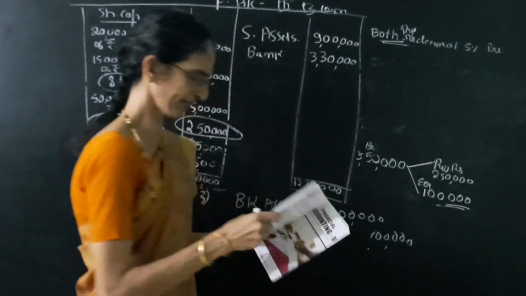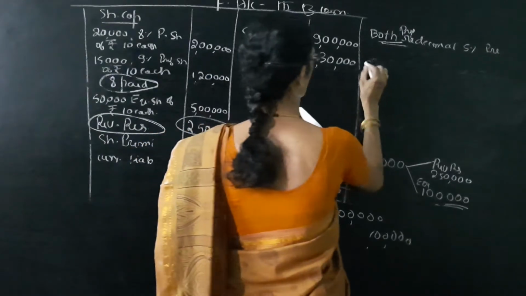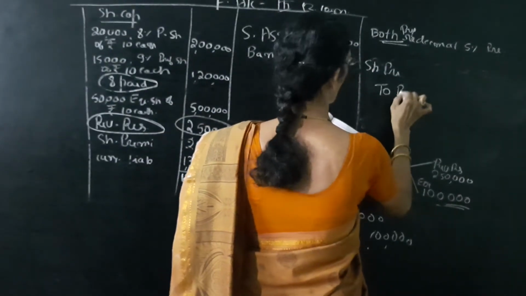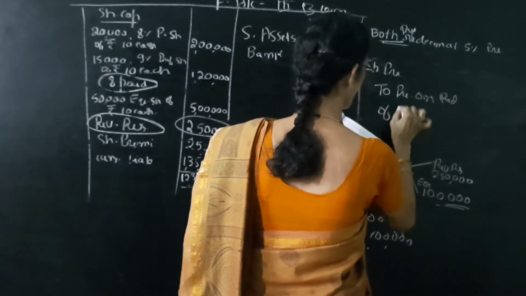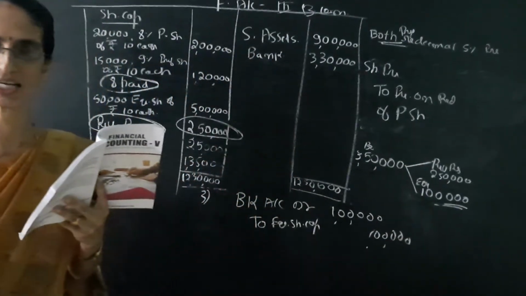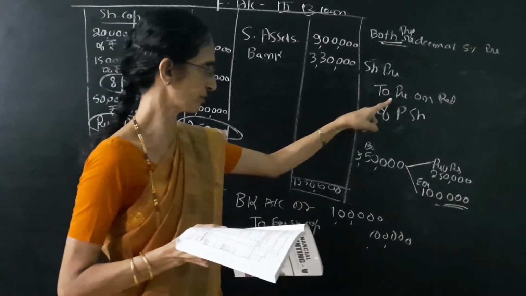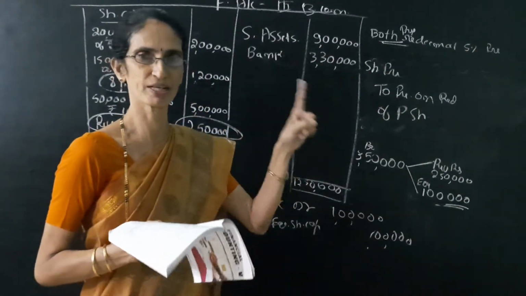So what is the entry for premium? We can utilize share premium account. So the entry is share premium account debit to premium on redemption of preferred shares account.